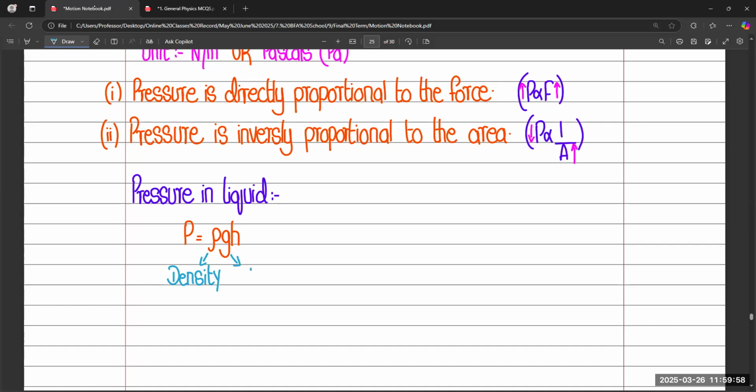This symbol represents gravitational field strength, and h represents the depth.